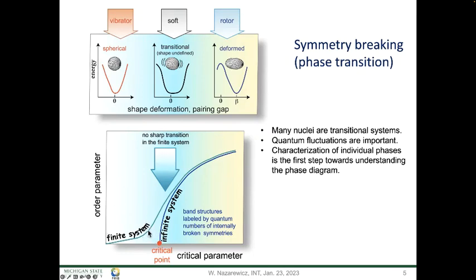This is the deformation critical parameter. So there is a smooth transition from here to here, and deformations are not very well developed concepts here. Quantum fluctuations around the minimum are very important. And you see, if this potential is very soft, if the energy is very soft, the quantum fluctuations will be everything.